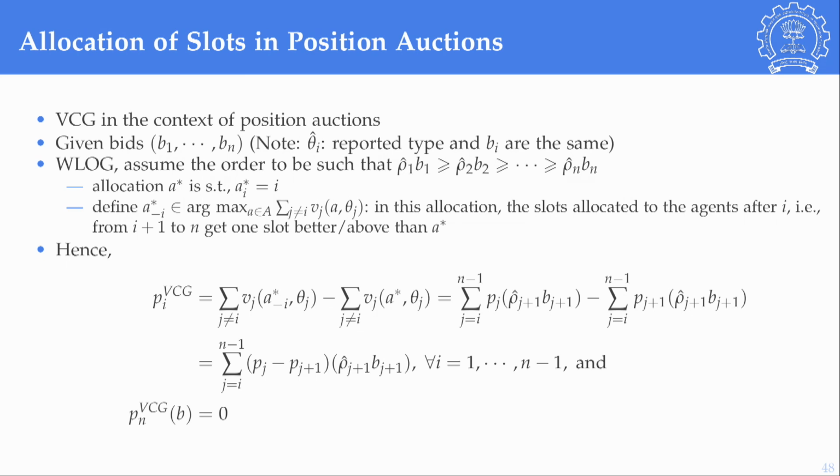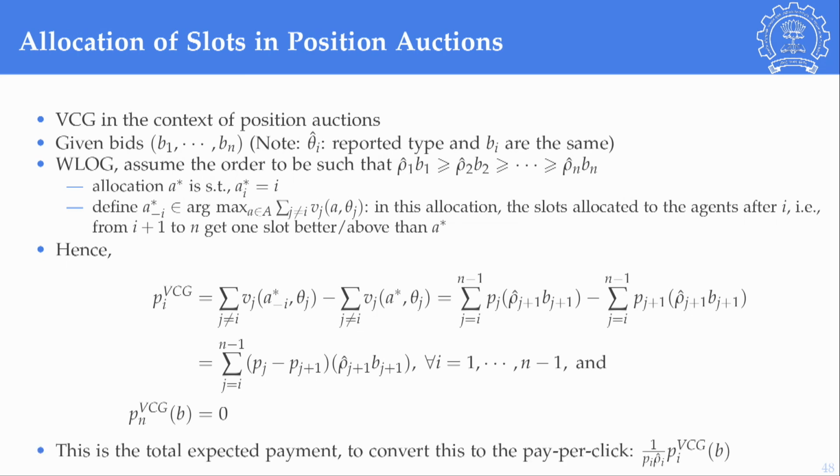This is a very simple way, and because it is the expected payment that we are thinking about, everything is being multiplied by the probabilities. For every click you are going to charge this much amount, which, when you take the expectation, will just become the p_i VCG.